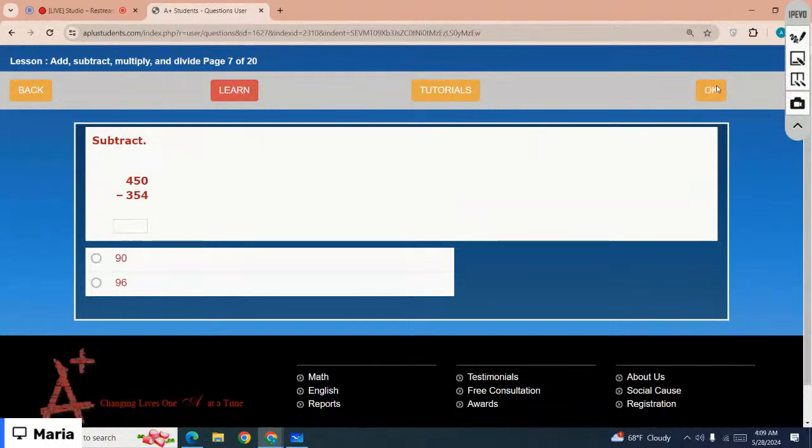Subtract 450 minus 354, which is the correct option? The correct option is 96. Option number 2 is the correct option, right?